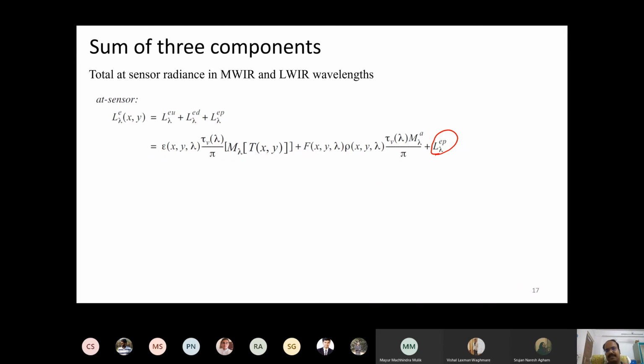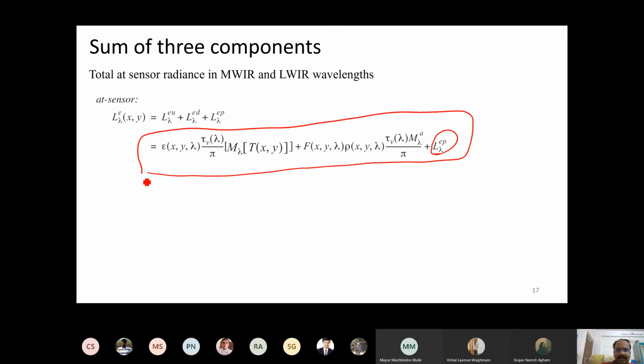In thermal infrared remote sensing, I'll teach you in more detail how to do that. Here also the total radiance reaching the sensor is this. The atmosphere plays similar 2 roles: first a multiplicative factor through the use of transmittance, and an additive factor through the use of path emittance, which is an unwanted signal.